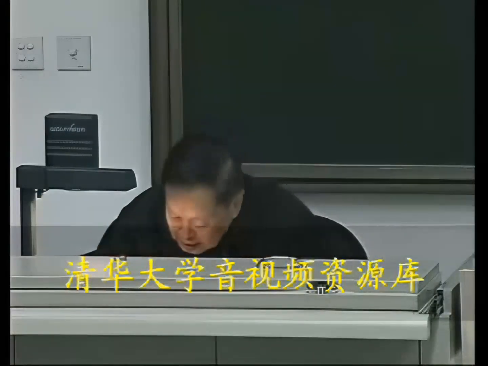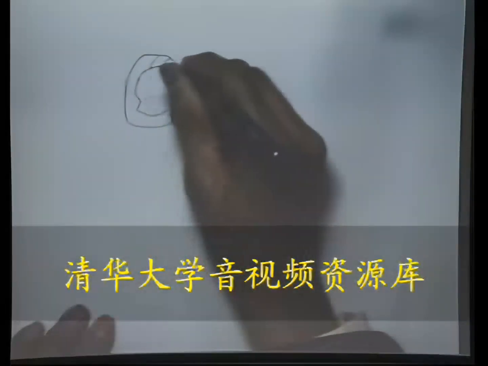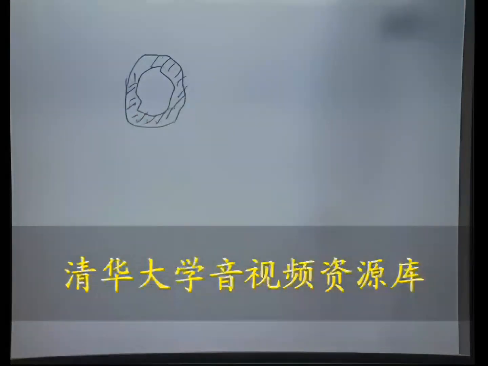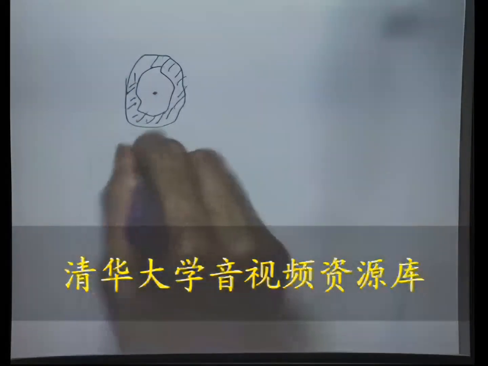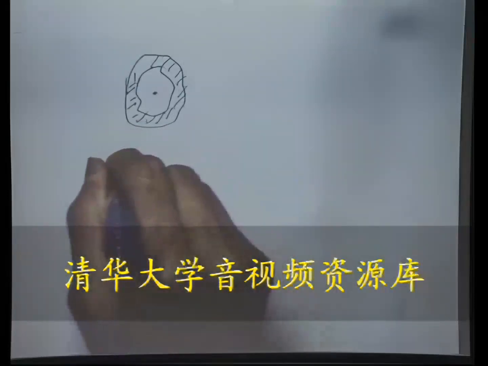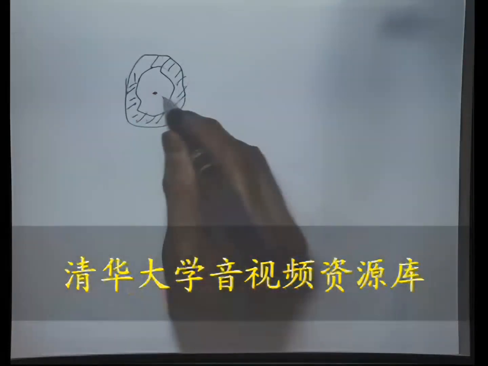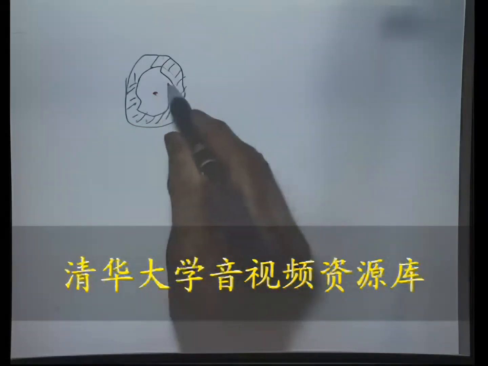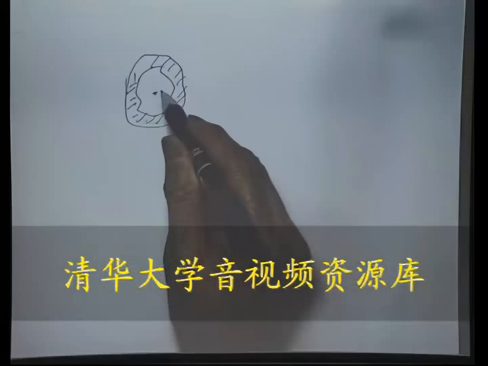You can think of a ring: the center of mass is here. It's not a part of the body, but the total gravitational effect on this ring is equivalent to a force of this. You can imagine that this is connected to it by a massless rigid rod.